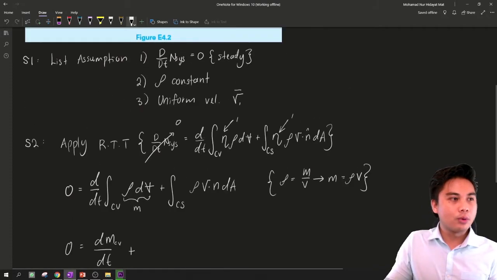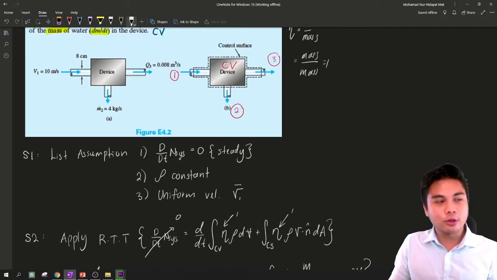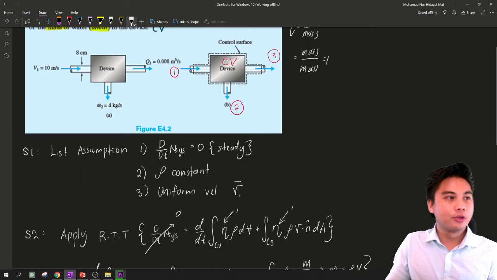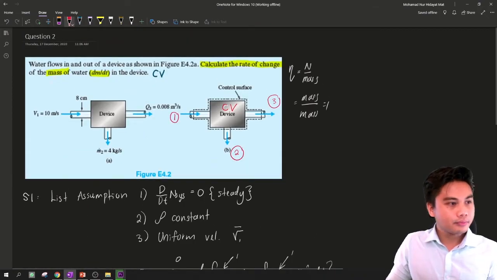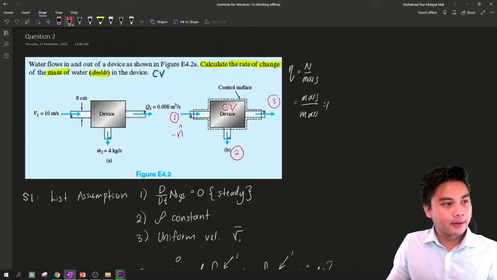Component number 1 is into the control volume. When the flux is into the control volume, it is negative n unit vector. This one is out of the control volume, positive n, and this is out as well, positive n.